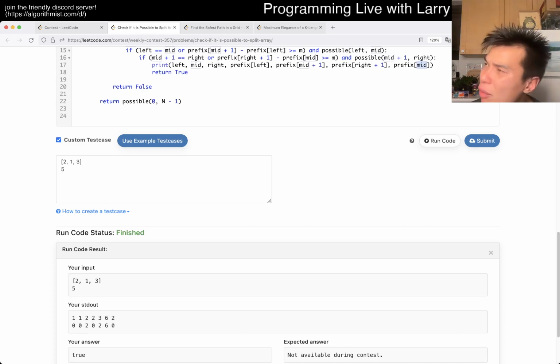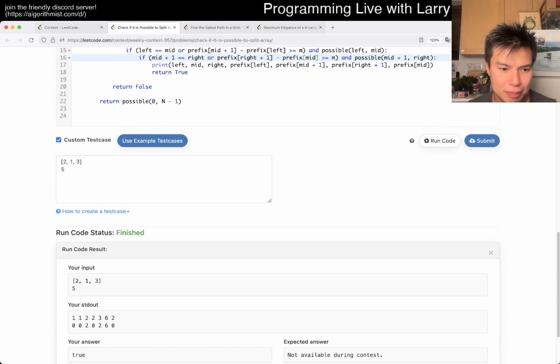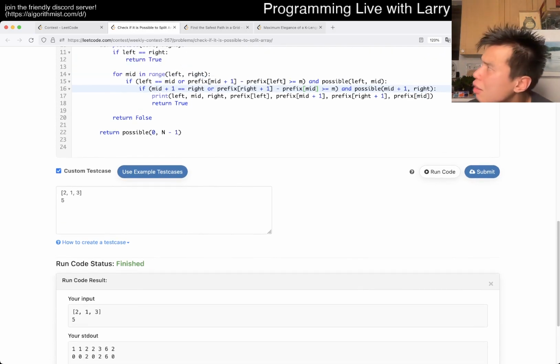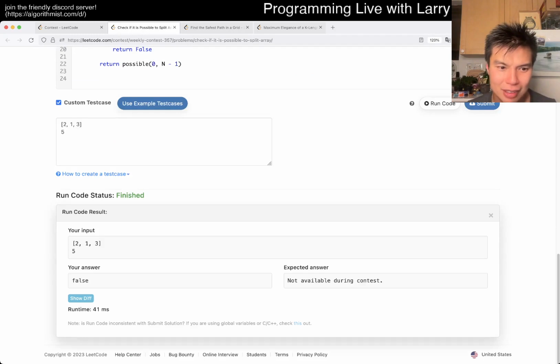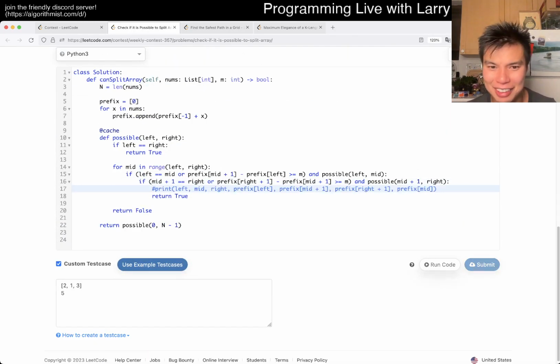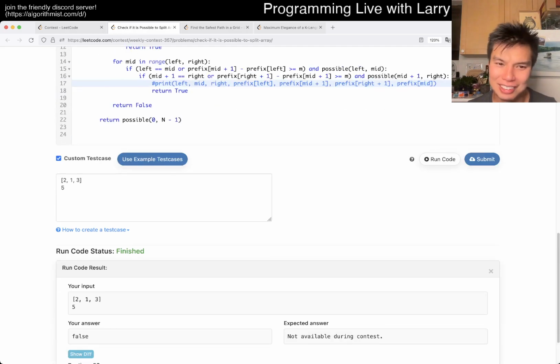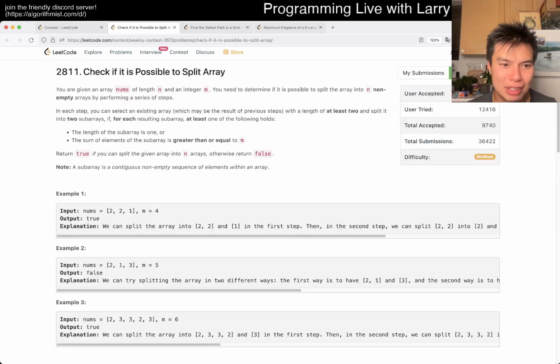So mid is not. Am I just off by 1? That doesn't make sense, right? Oh, but then I have to. Oh, it's mid plus 1, plus 1, and then minus 1. Oh my god. So easy. Off by 1 with these plus 1, minus 1, 1-index things.